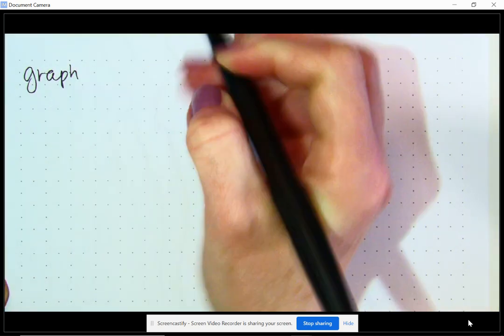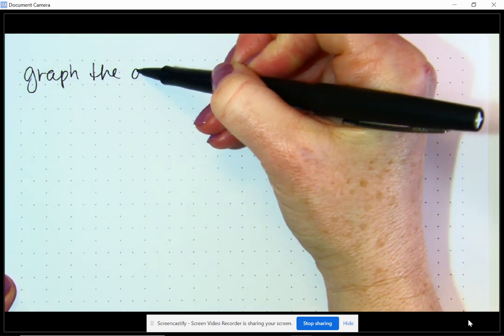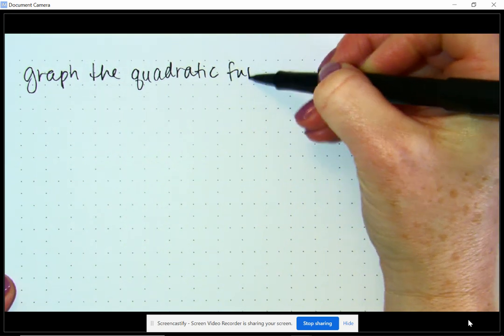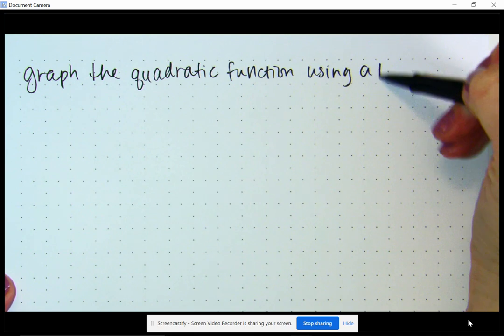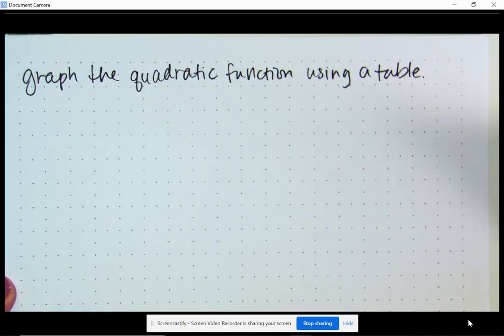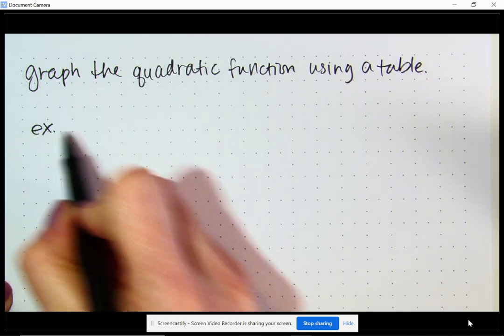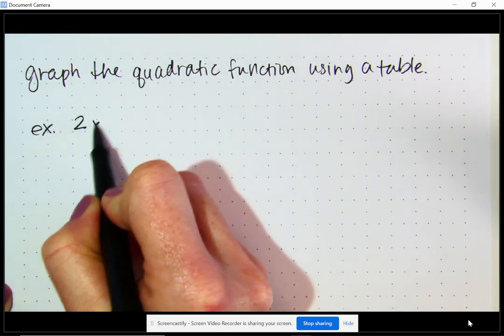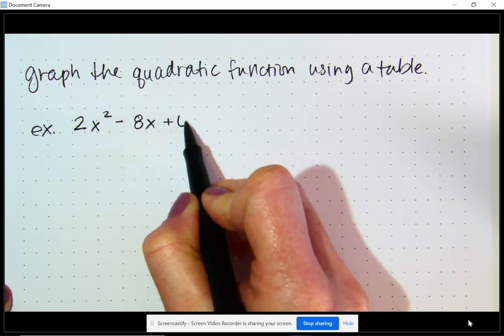So we're going to graph the quadratic function using a table. Okay. So we've got 2x squared minus 8x plus 6.